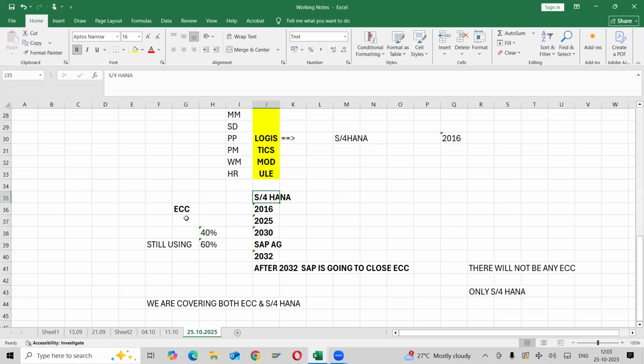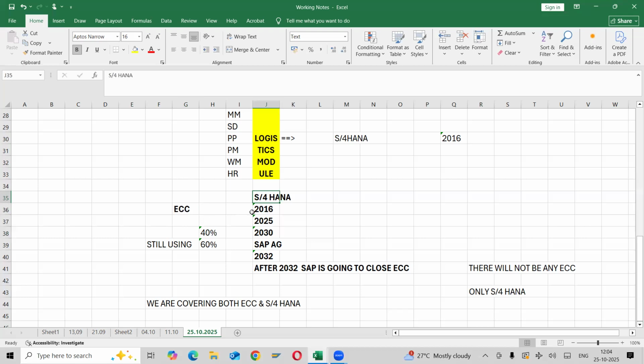If they are using ECC and you are well versed only in S4 HANA, then you can't say that you don't know ECC. Probably you will get rejected because you need to have ECC knowledge. If I cover only ECC and you don't know S4 HANA, and the interview you're attending is on S4 HANA, then you can't say that you will learn S4 HANA later.